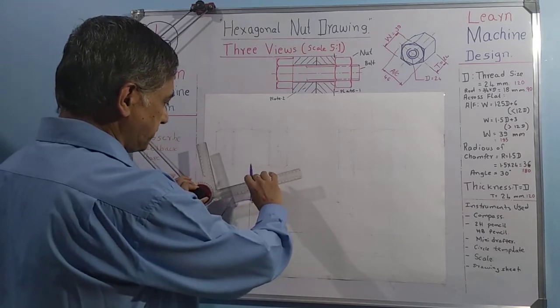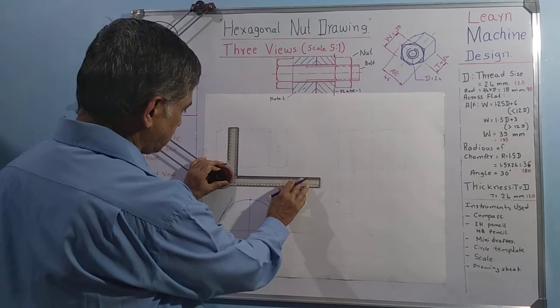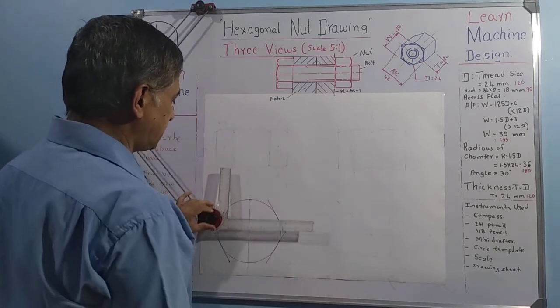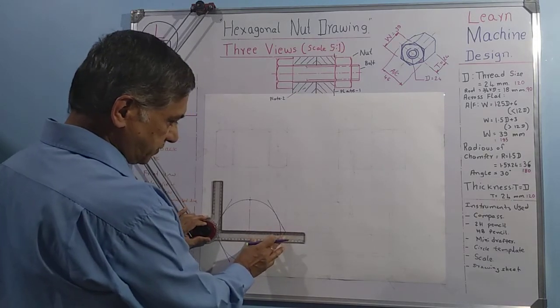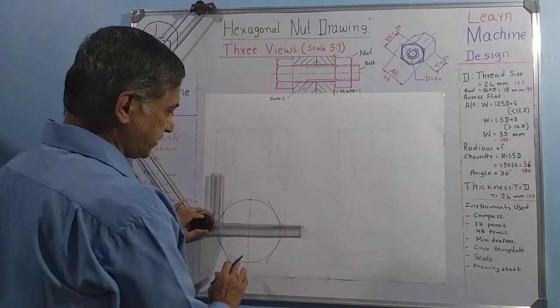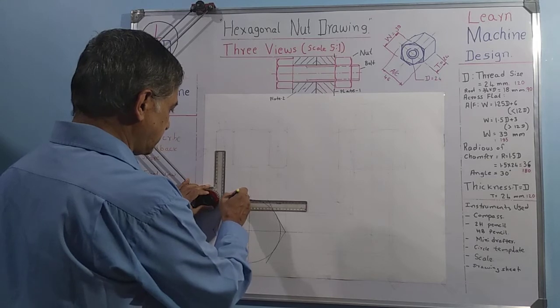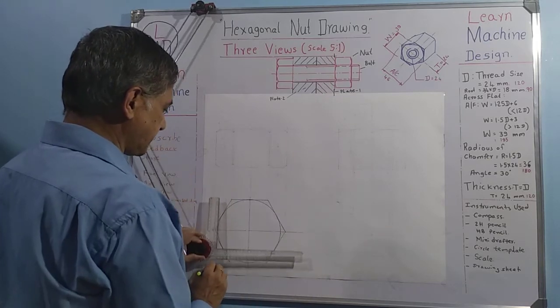Take this mini drafter and set it to 0, and confirm that it is 0. Then, like this, you have to recheck it against the earlier drawn line. Then take this mini drafter to here and draw like this.